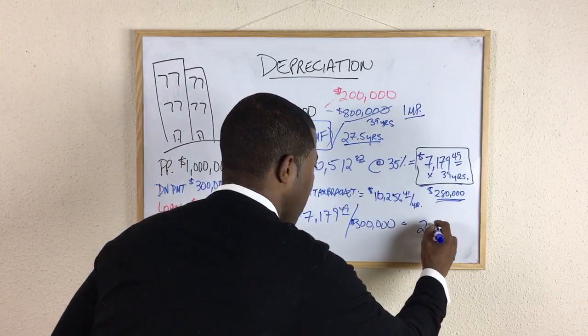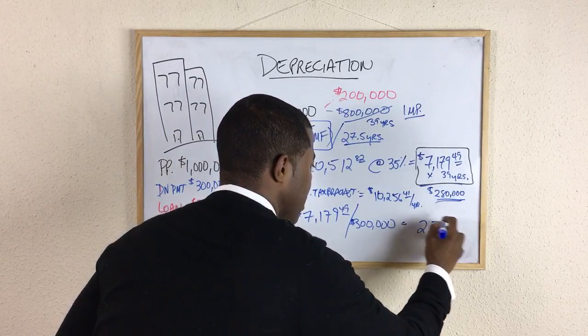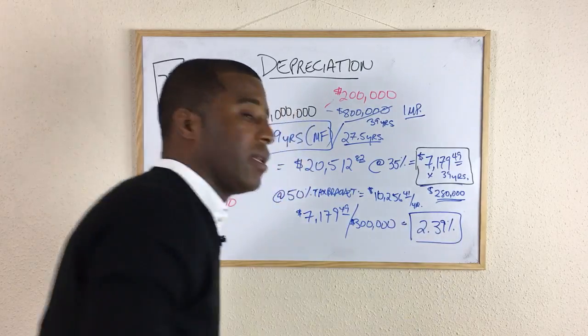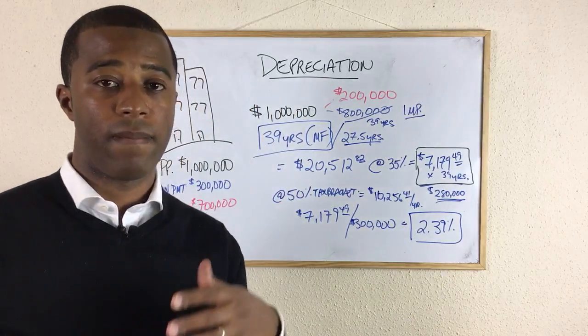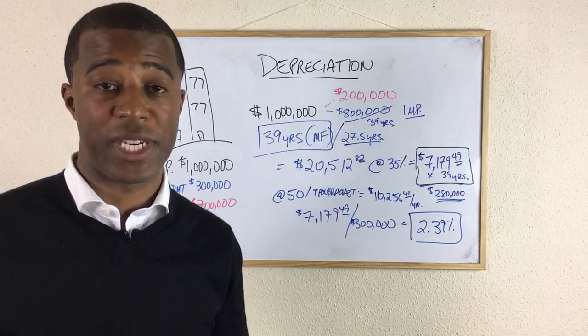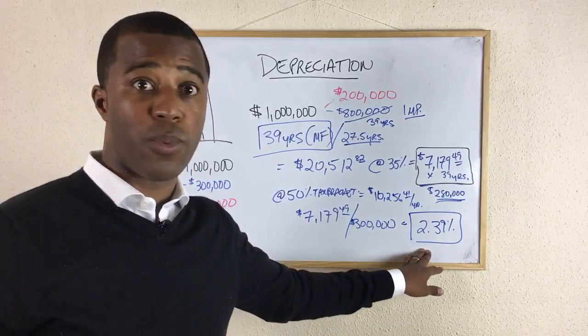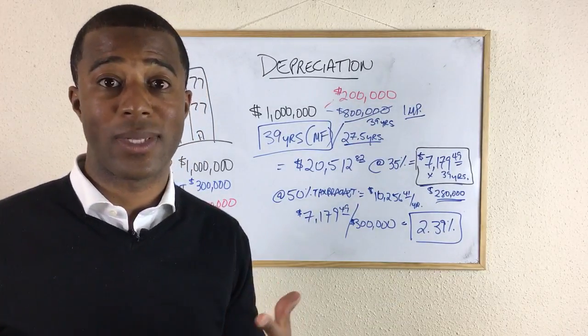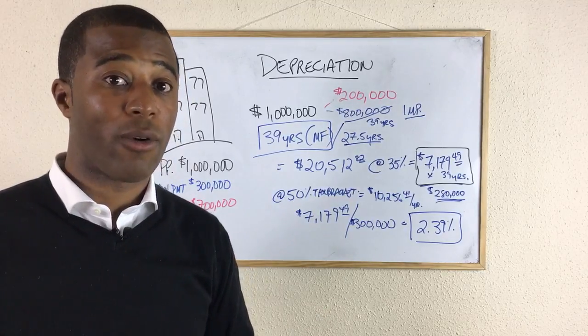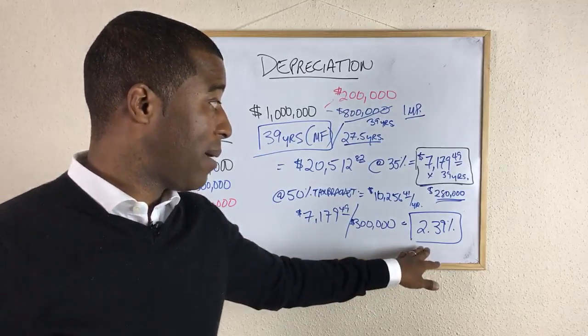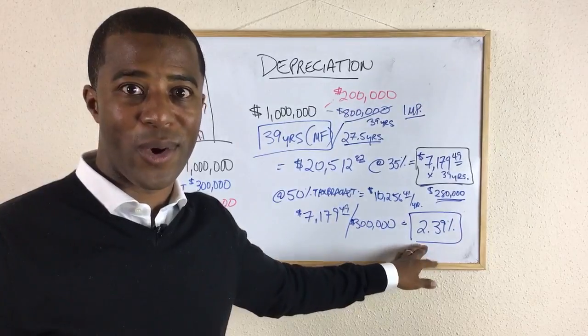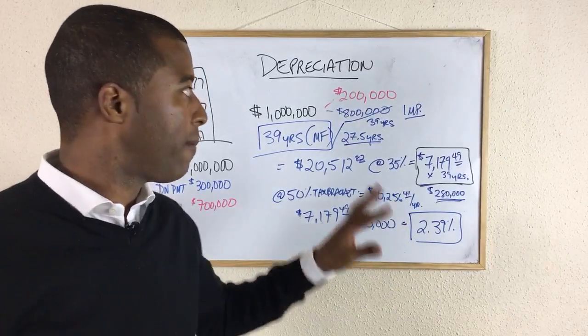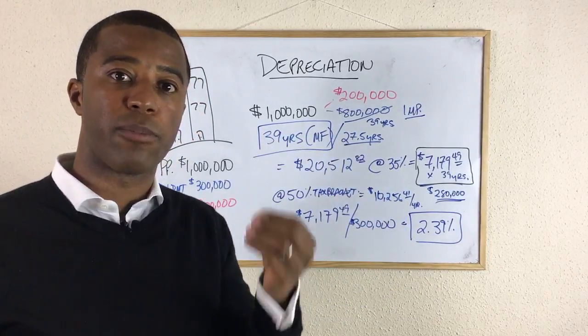So in this one specific area of depreciation, you've been able to create a 2.39% return. And when you compare that to what many of the banks are giving in terms of returns today, that pretty much blows it out of the water. And once again, we're only speaking about this one specific area of depreciation.